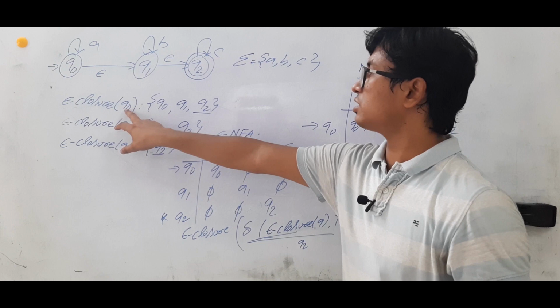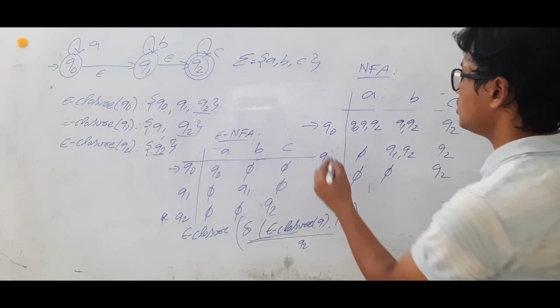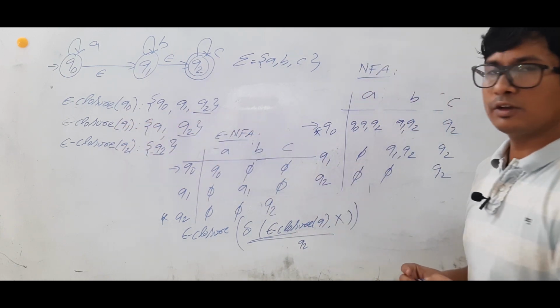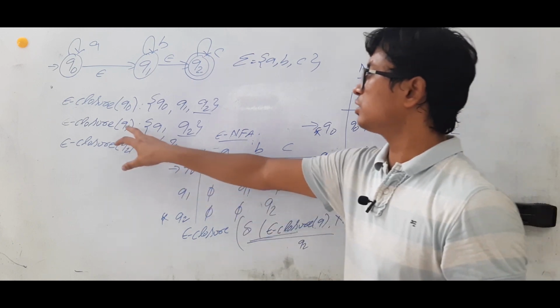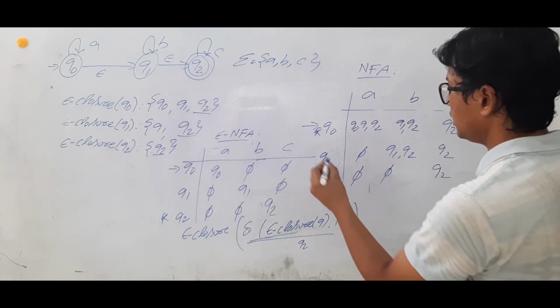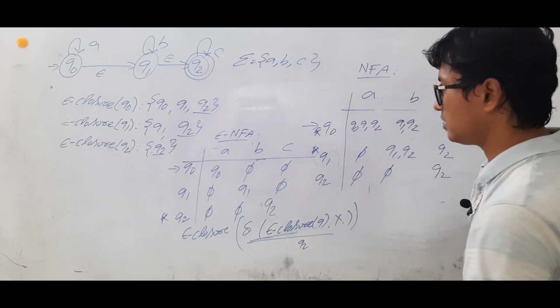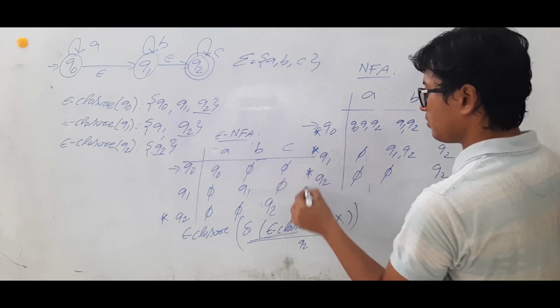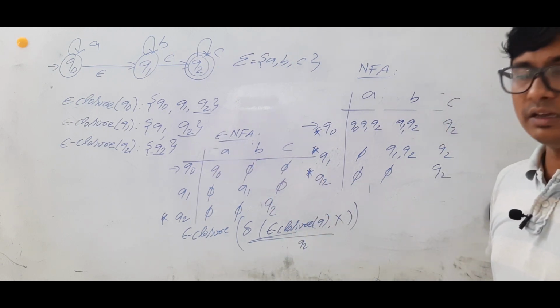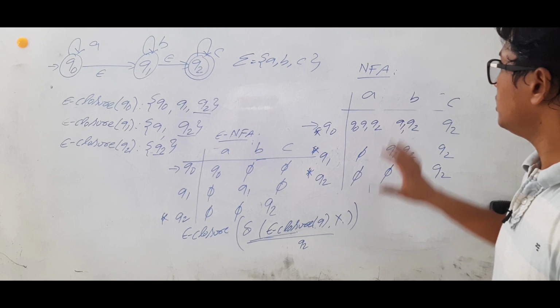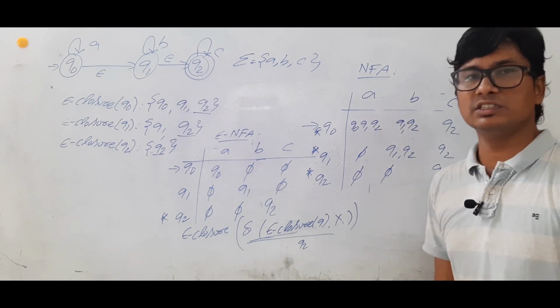So, epsilon closure of Q0 has a final state, so here in the NFA, Q0 will act as a final state. Q1 also consists of Q2, so it also acts as a final state, and similarly Q2 also will act as a final state. Okay, so we got the transition table.